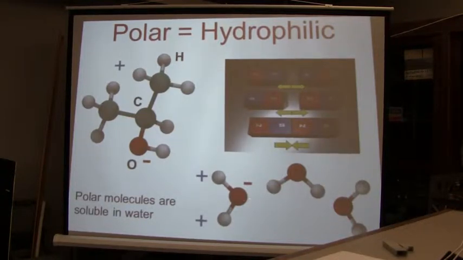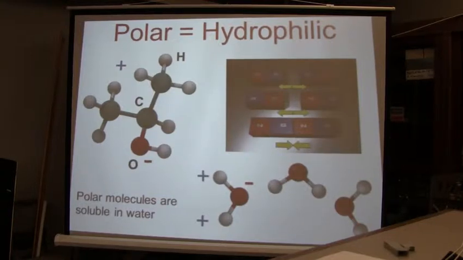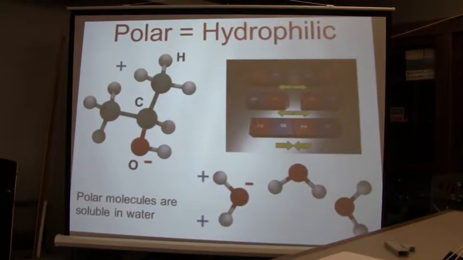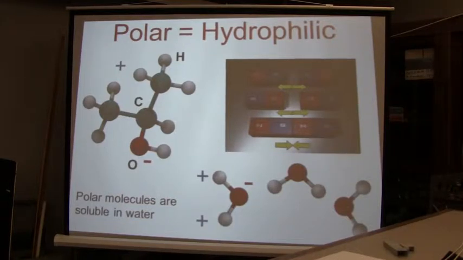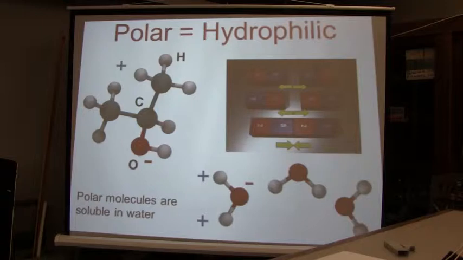You can see how I'm alluding to it in the way I drew this. I didn't stick the red oxygen next to this oxygen here, because that's not the way it would be in a real liquid. They're going to arrange themselves so that the positive ends are always towards the negative ends, and that's going to lead to the actual structure that water has.